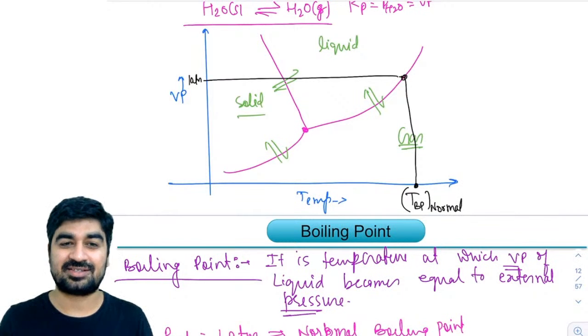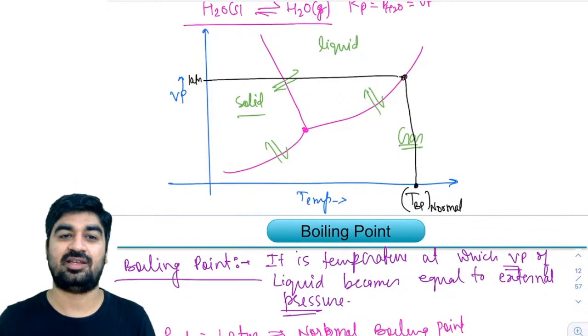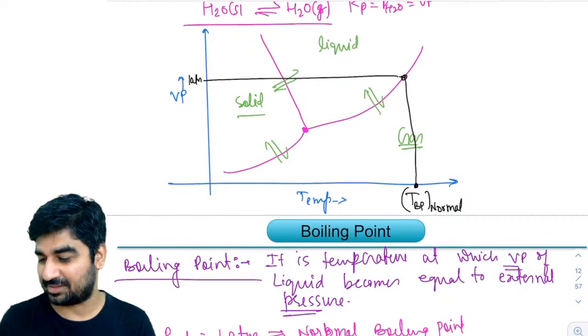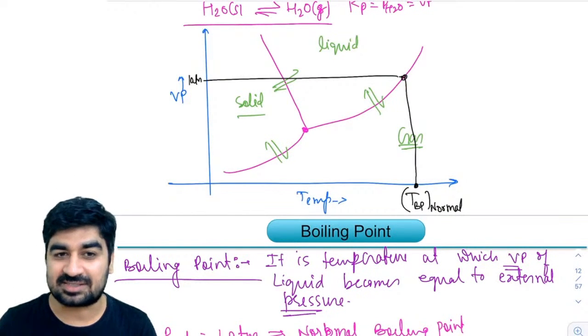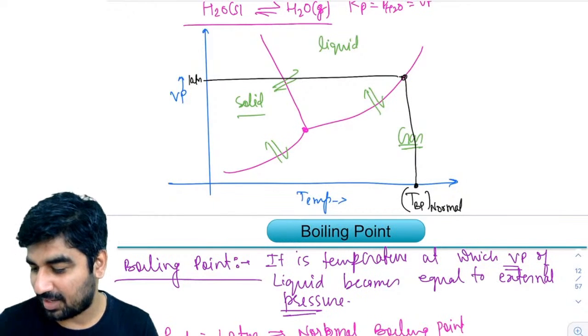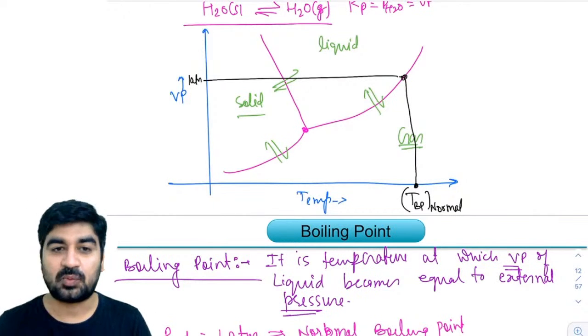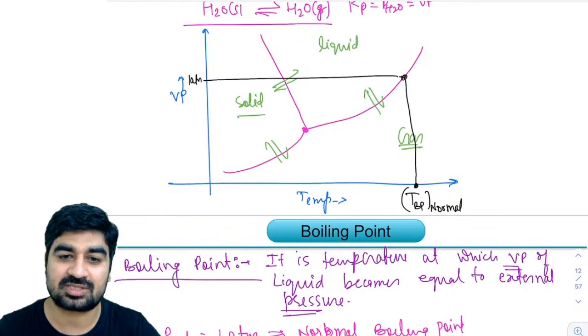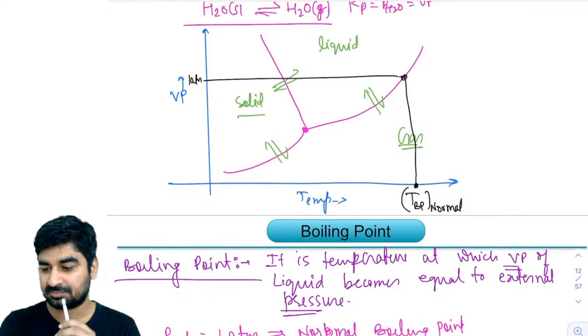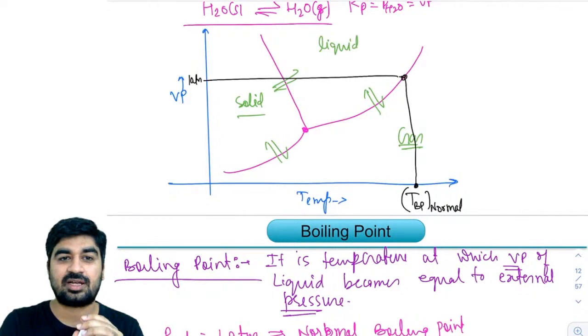Here a question arises, which boiling point is higher? Even in NCERT, one statement is there, standard boiling point or normal boiling point. Yes, guys, tell me. Yes, Ansab, Kavya, anybody. Can you tell me which boiling point will be higher? Normal boiling point or standard boiling point? Tell me, guys.